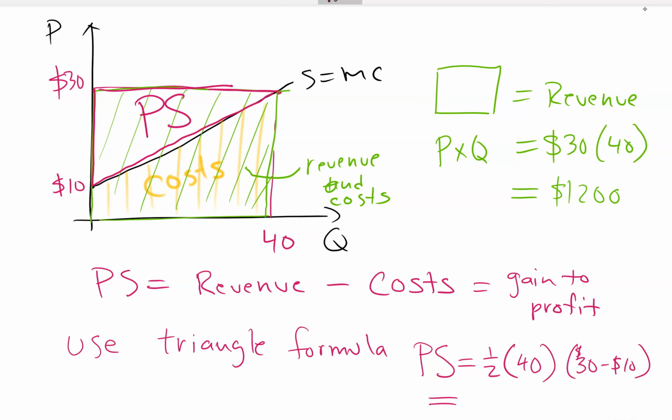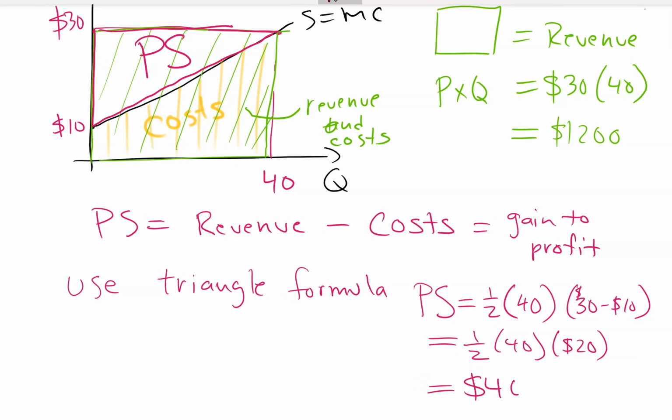So we're going to get half of 40 times $20, and in this case, the producer surplus is equal to $400.